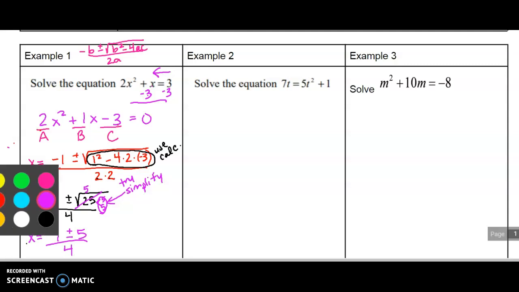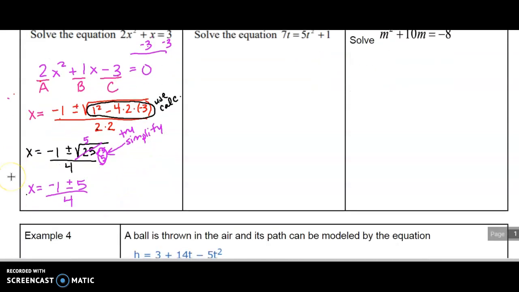Now, what that really means, though, is we've got two equations. So I want x equals -1 plus 5, and we have x equals -1 minus 5. Okay? If you're typing these into a calculator, you will need to use a parenthesis to keep the numerator together.